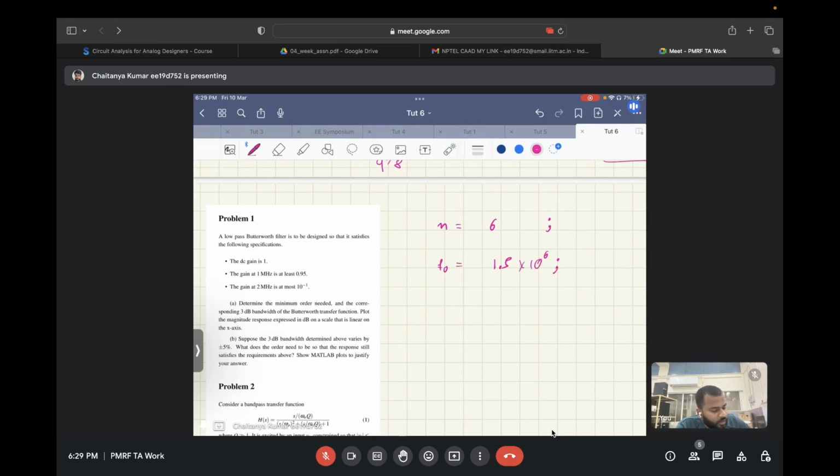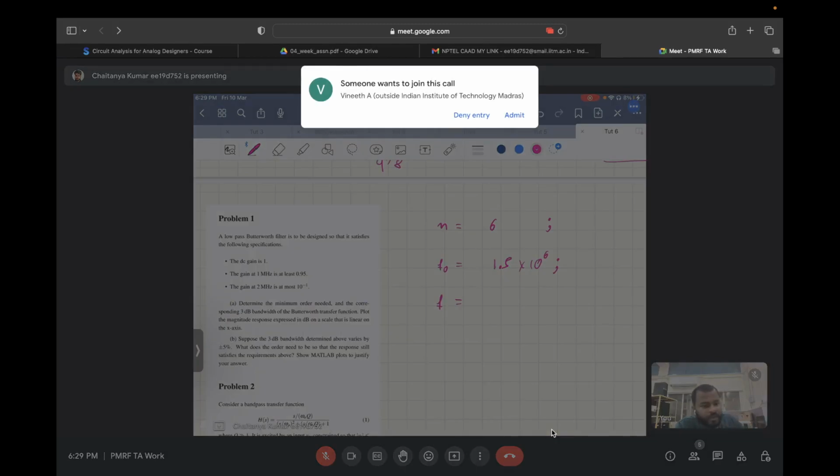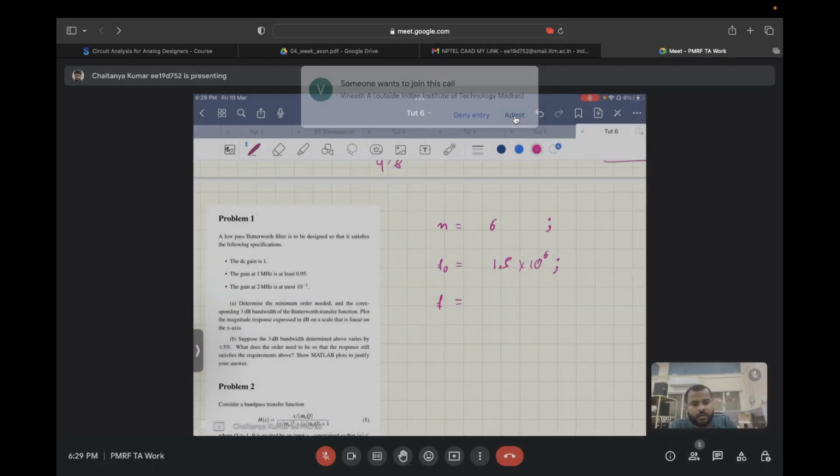Now you need to make the frequency axis. You can assign it to a variable called f. Since you need up to 2 megahertz, let's say you will plot up to 4 megahertz. You can take steps of say 100 kilohertz. I think 100 kilohertz will be a little too coarse.